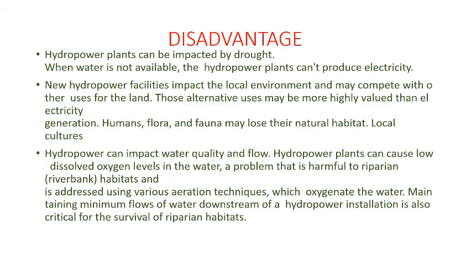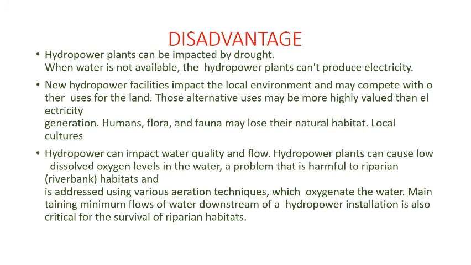Next, hydropower plants can impact water quality and flow. Hydropower plants can cause low dissolved oxygen levels in the water, a problem that is harmful to dependent habitats and is addressed using various aeration techniques which oxygenate the water. Means we all know oxygen takes part in breathing for the animals which are underwater.